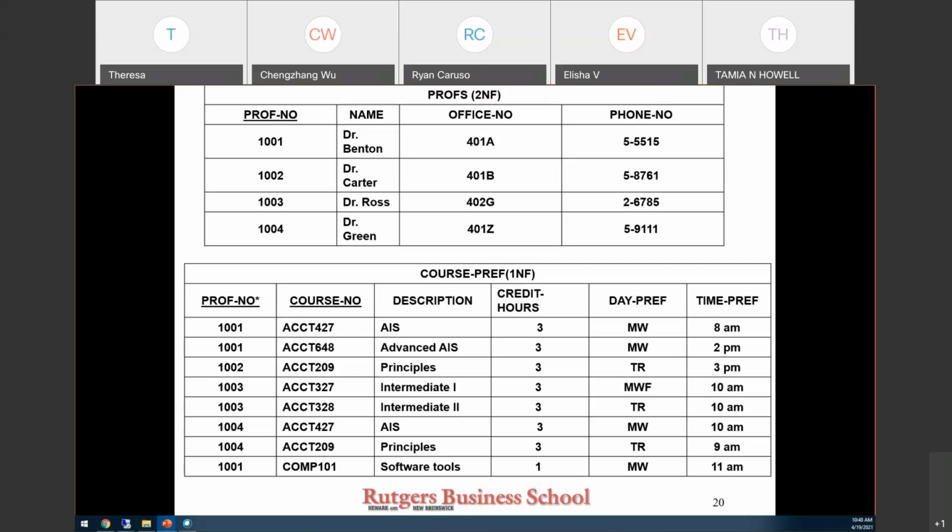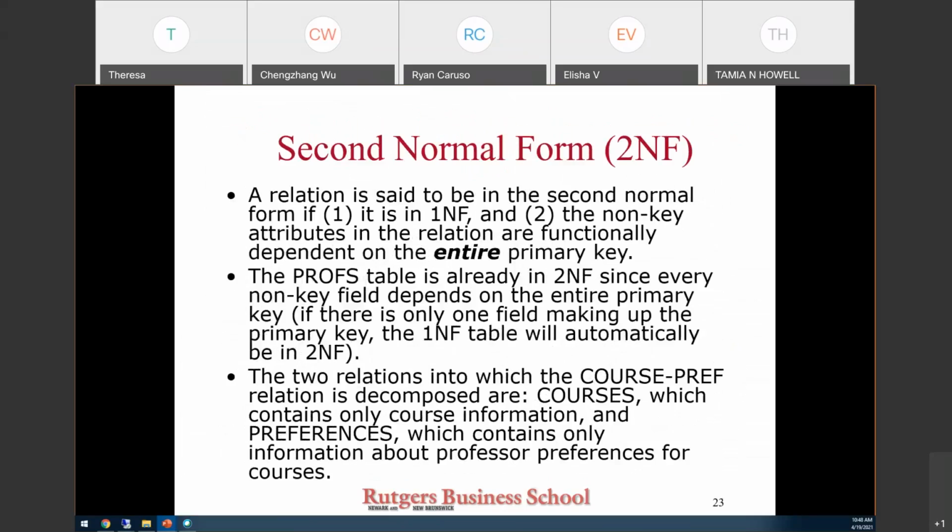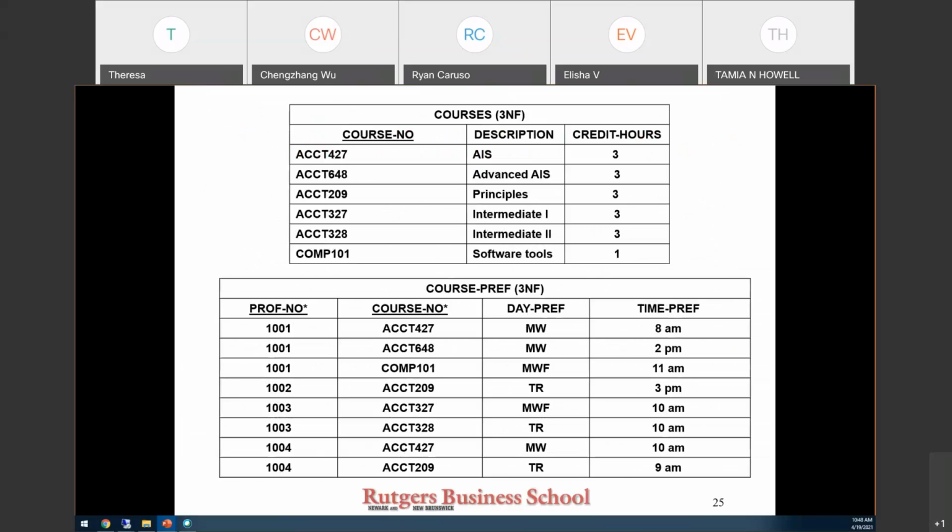So a solution to avoid the insert, update, delete anomalies for table designs only in first normal form is still to decompose the course preference table into two tables.